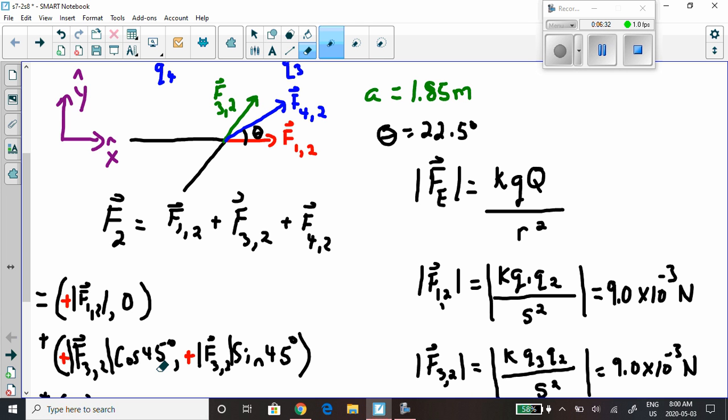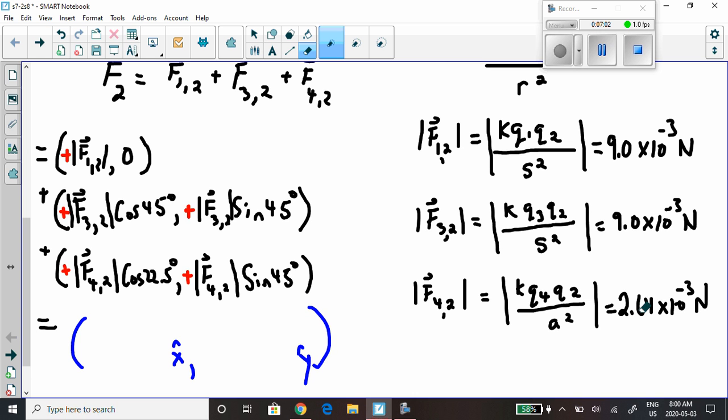Since it's 45 degrees, the x component will be that magnitude times cos 45, and the y component will be that magnitude that we calculated times sine 45 degrees. And look, both components are positive. Green is all positive, positive x and positive y. Similarly, we're going to do that for the blue vector here, except now this is 22.5 degrees and the magnitude has changed.